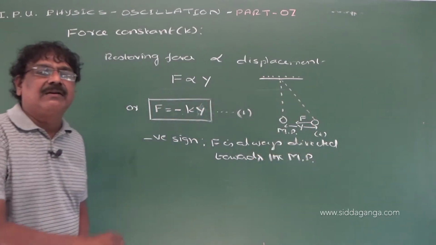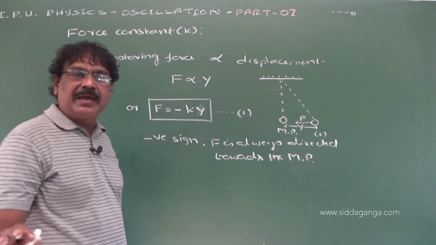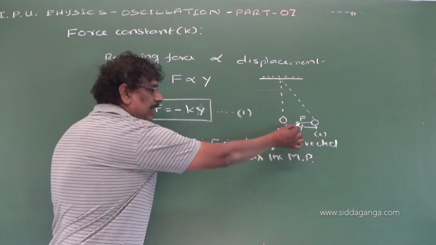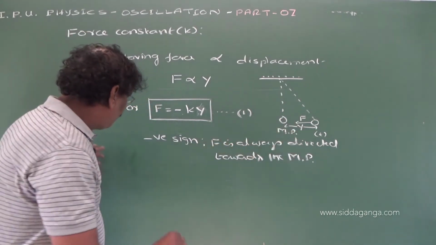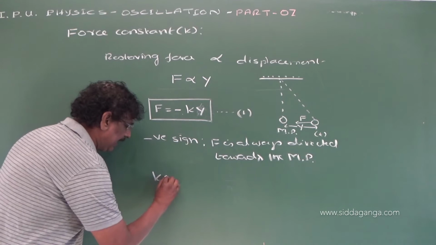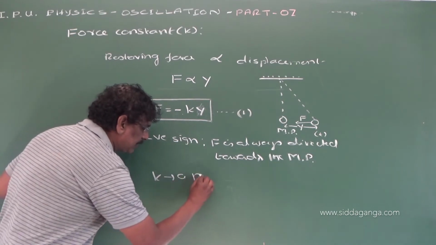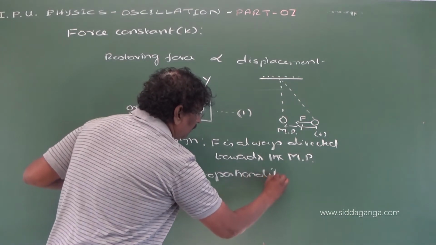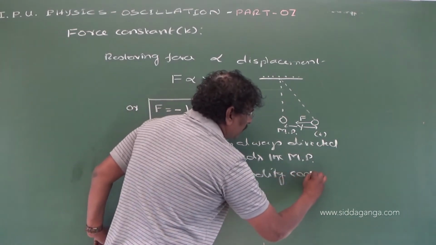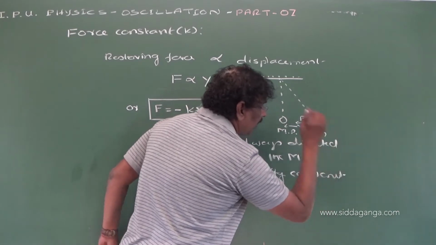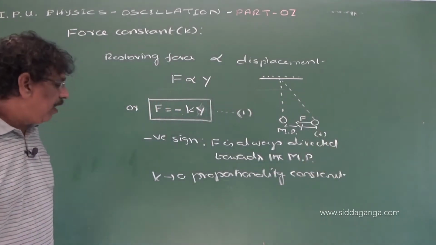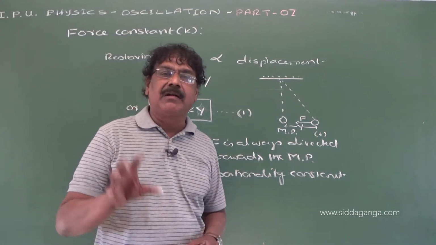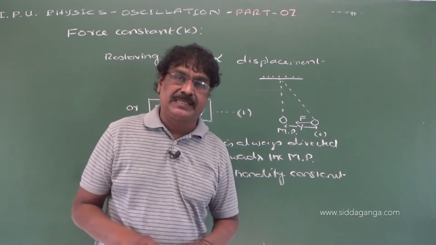The significance of the negative sign is that the force is always directed towards the mean position. Now K is a proportionality constant, or in the case of a spring, it is called the spring constant.